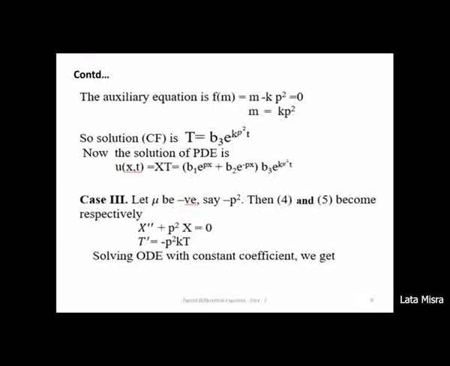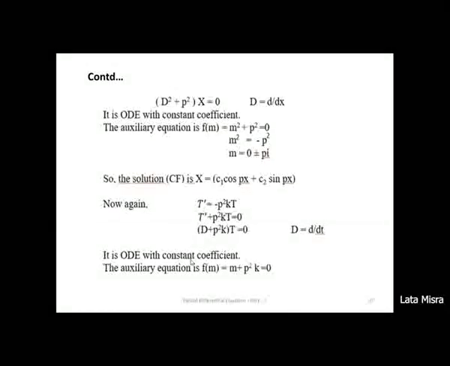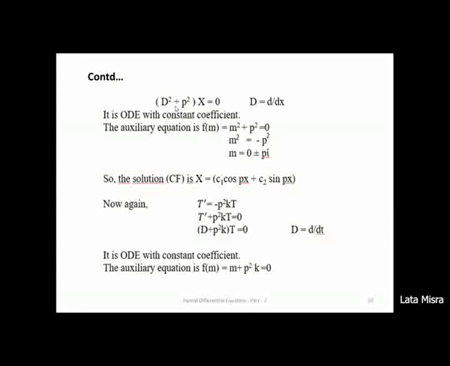We see both the equations are ordinary differential equations with constant coefficients. When we put d/dx equal to D, we have (D² plus p²)X equal to 0.